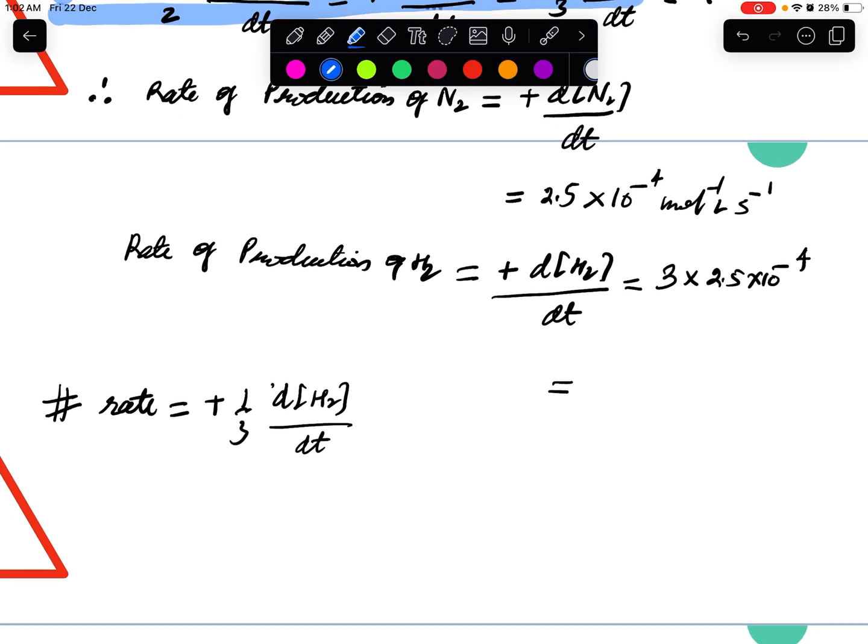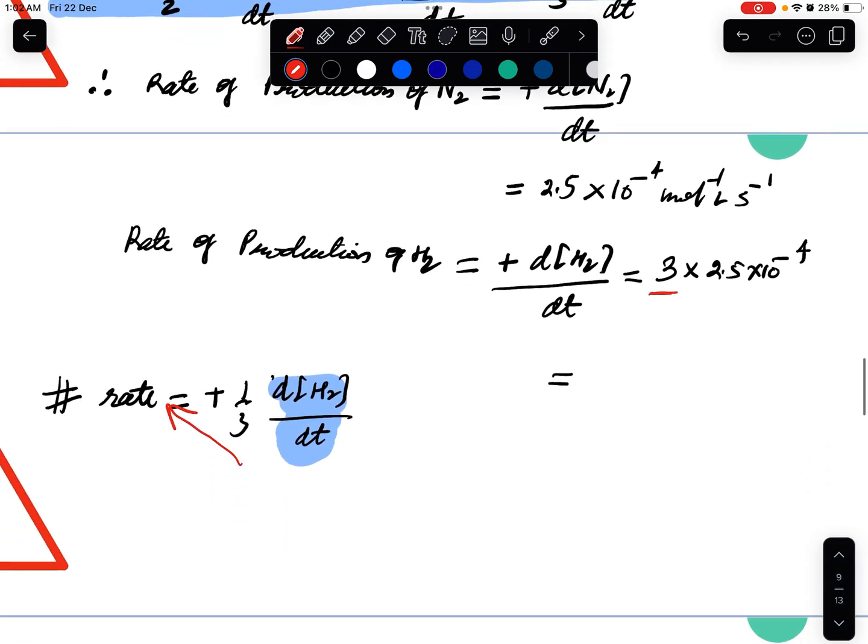Here we want the rate of production of hydrogen, which will be 3 times the rate of the reaction, because we cross-multiply with this 3 and get this 3 here.